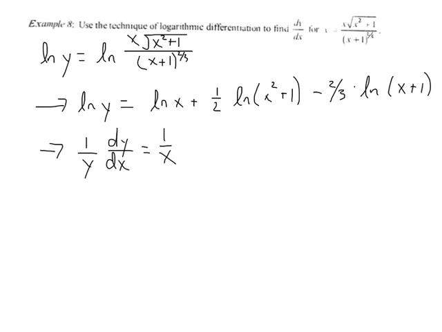Derivative of the next part would be, we can keep the 1/2 in front, and then we're going to have times a 1 over x squared plus 1, and then don't forget the chain rule, right? There's a function inside natural log, so the derivative of the inside part is 2x minus, the 2/3 can stay right there. Derivative of natural log is 1 over x.